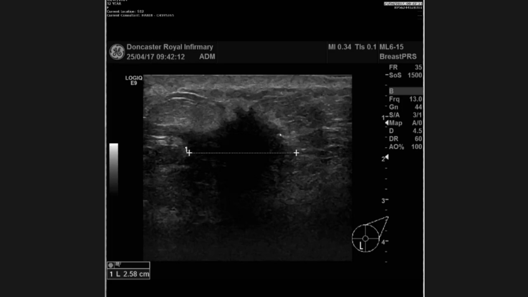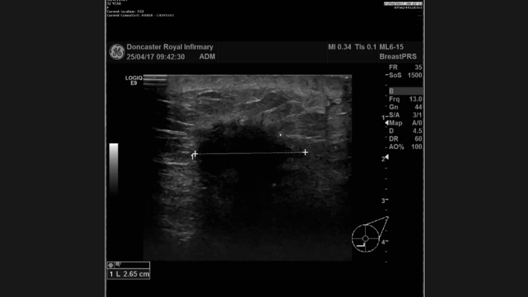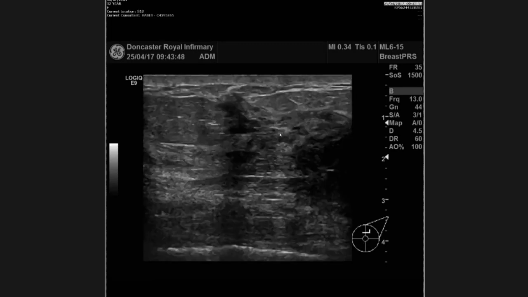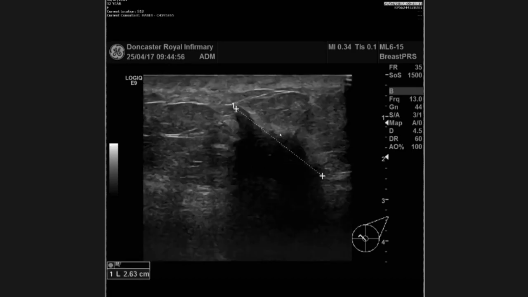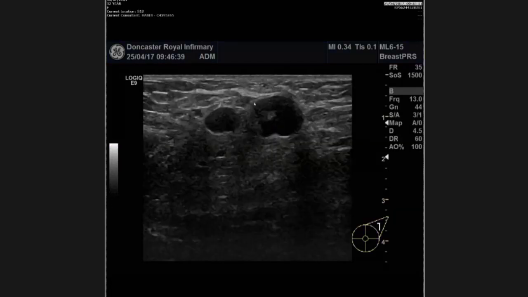While you're scanning the patient, is there anywhere else you would look? Yes, of course. I was able to appreciate enlarged lymph nodes in the ipsilateral axilla, so obviously I will go for ultrasound scanning of the axilla and the contralateral breast. And this is the right.